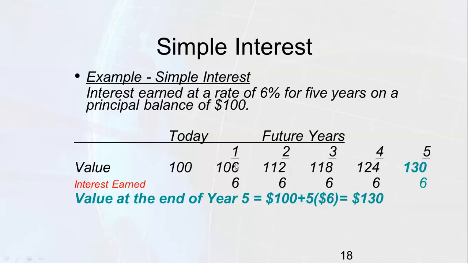Not your $106. Only your principal amount earns interest. So every year is going to be $6, $6, $6. So the value at the end of the 5 years is going to be $100 plus the interest.